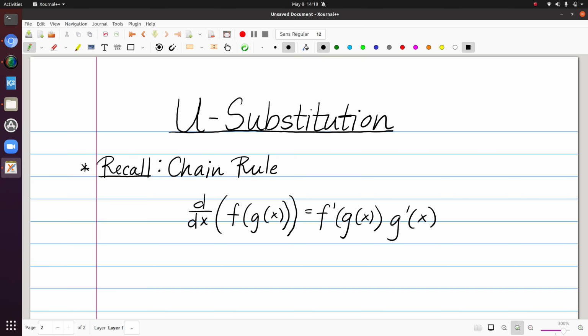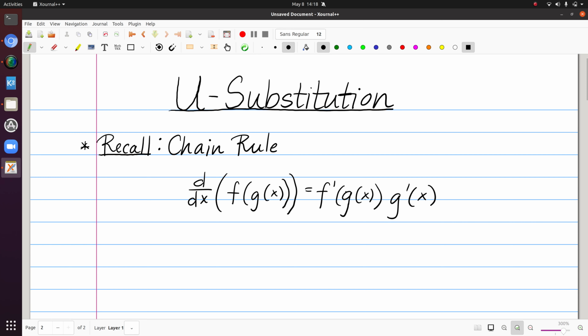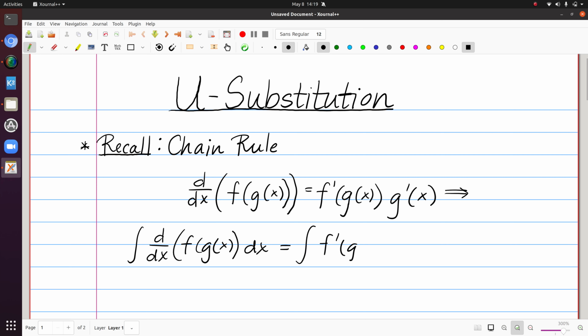So in order to connect this to U-substitution and integration in general, first of all, what we can do is take that rule that I have there and integrate both sides. So starting with the chain rule here, the integral of the left side with respect to x should equal the integral of the right side with respect to x.